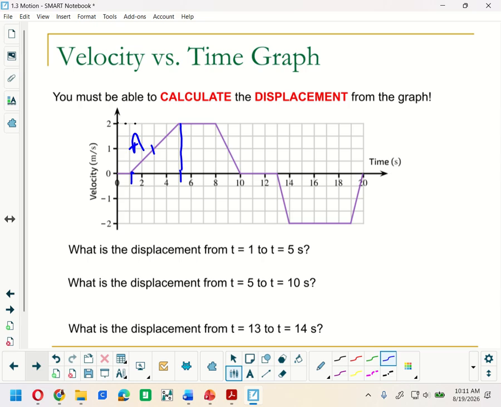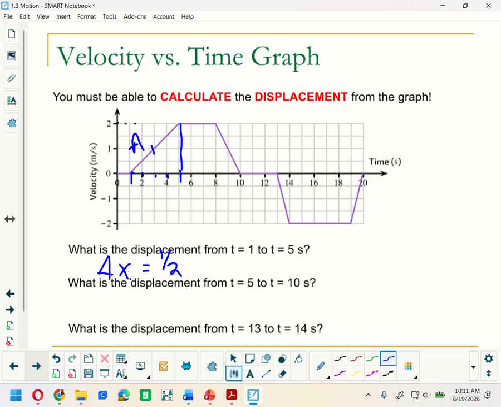So I'll write out my whole thing. Delta x is going to be equal to, it's a triangle, so 1/2 base. What's my base here? 1, 2, 3, 4.